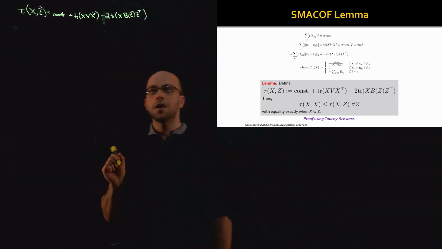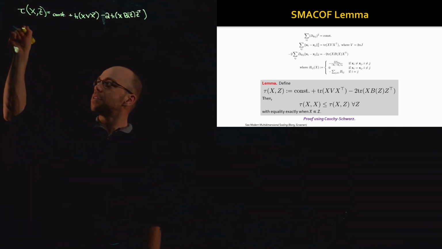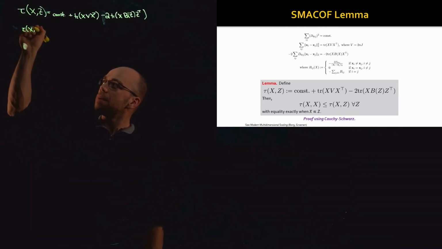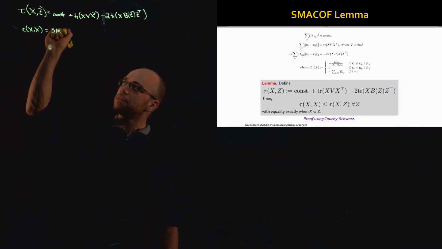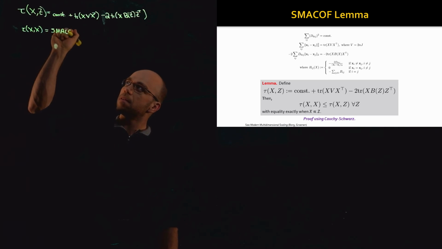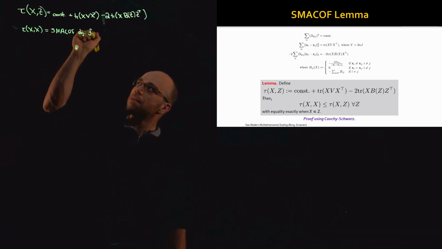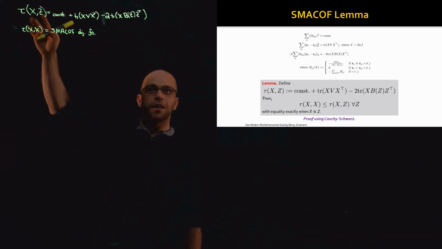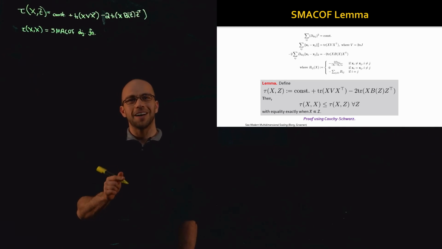Okay? So notice that if I put tau of X comma X, what I get is the objective function that we're trying to optimize. So somehow what I've done is define a function of two variables so that if I put in the same thing twice, I get the function I'm going to optimize.